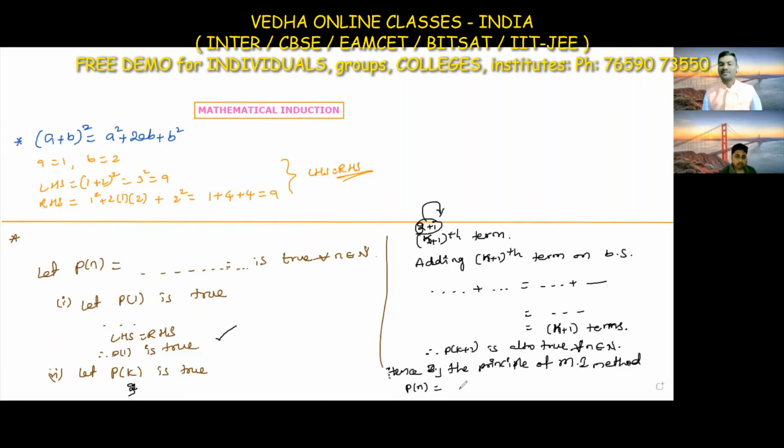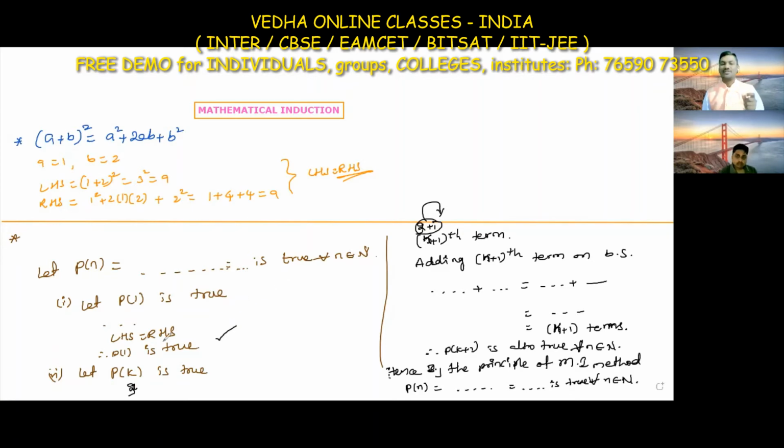P of n is equal to, we write the LHS part and the RHS part, then it is true for all natural numbers, for all n belongs to N. This is the method. It is a very simple, very easy method.